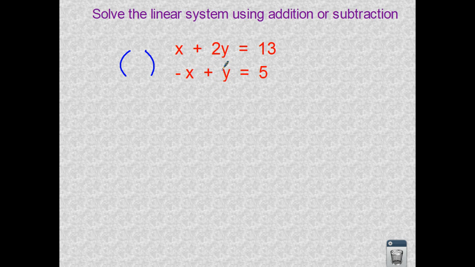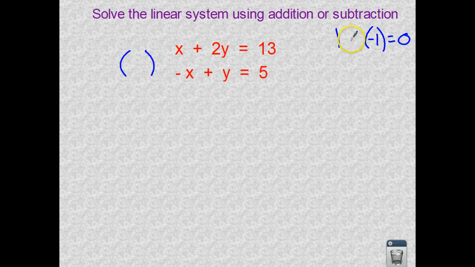However, I look at the x terms and I see that they have coefficients of 1 and -1. If I set up off to the side a 1 and a -1, and I need them to equal 0, what operation can I put in the middle to make sure that the x's eliminate?